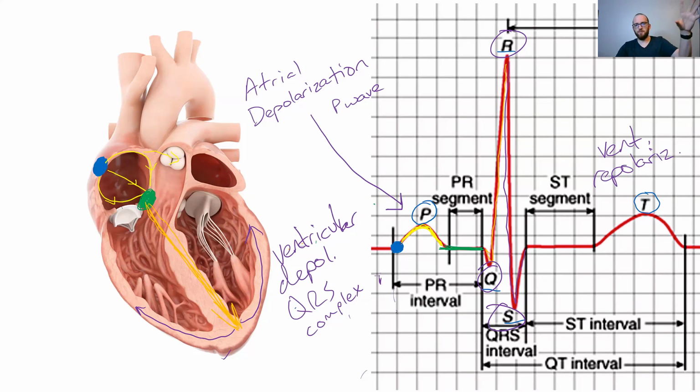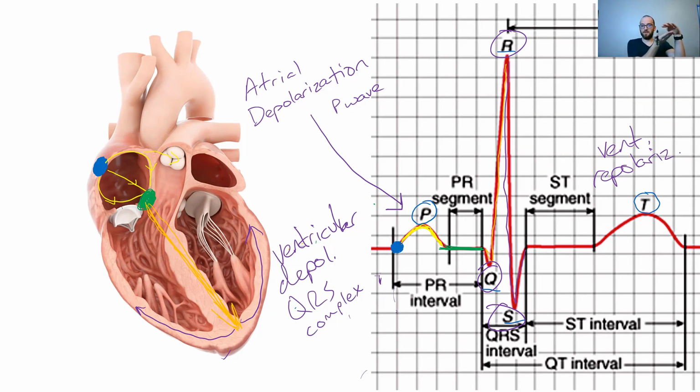So if we have the atria depolarized, then the ventricles depolarize, and then the ventricles repolarize, inevitably people will ask, well, when do the atria repolarize? I'm not seeing them on here. And the reality is just because they're a lot smaller than the ventricles. That big QRS complex of ventricular depolarization only resulted in the T wave repolarizing like that.